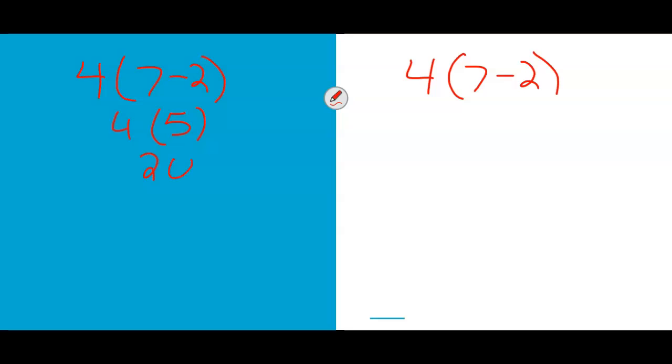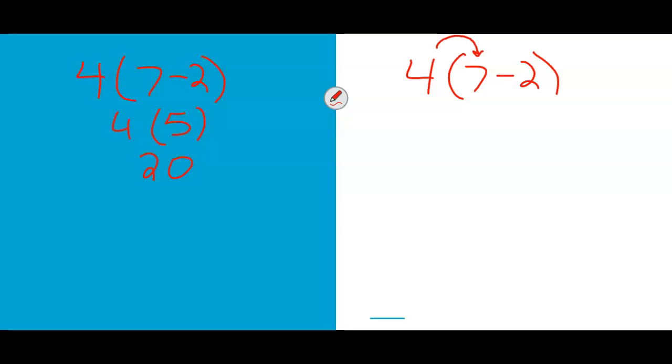I want to show you the distributive property of subtraction, and then you will. So if I have 4 parentheses 7 minus 2, using the order of operations, what would I do first over here? Sam? 7 minus 2. And now we get 5. 5 times 4 is 20. Distributive property, what would I do first? Jordan? 4 times 7.